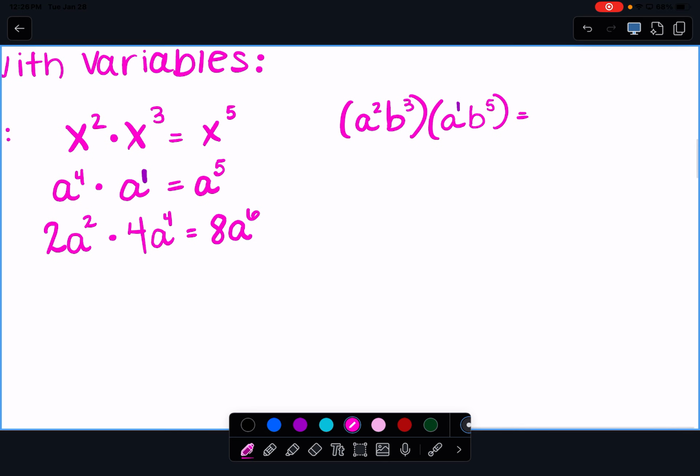So use that. Now when we multiply these, I need to combine my exponents on the ones that are the same bases. So I can do a and a, which will give us a to the third power, because 2 plus 1 is 3. And then we also need to use our b, and it'll be b to the 8th power.